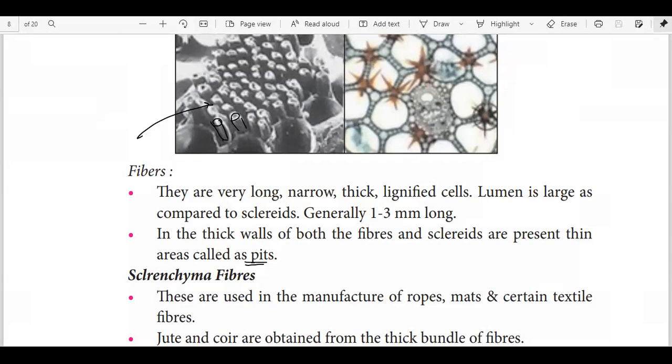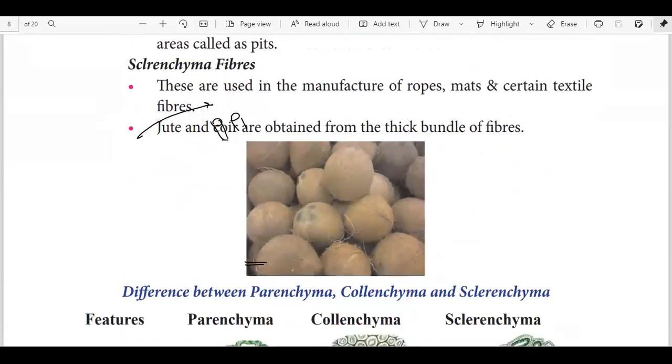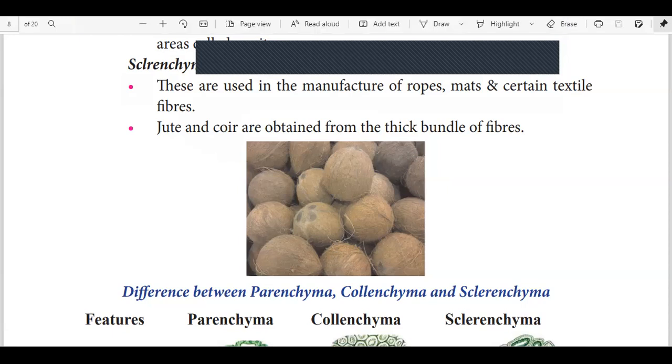Now let's move to the sclerenchyma fibers. We are going to study the functions here. These are used in the manufacturing of ropes, mats, curtains, and certain textile fibers.